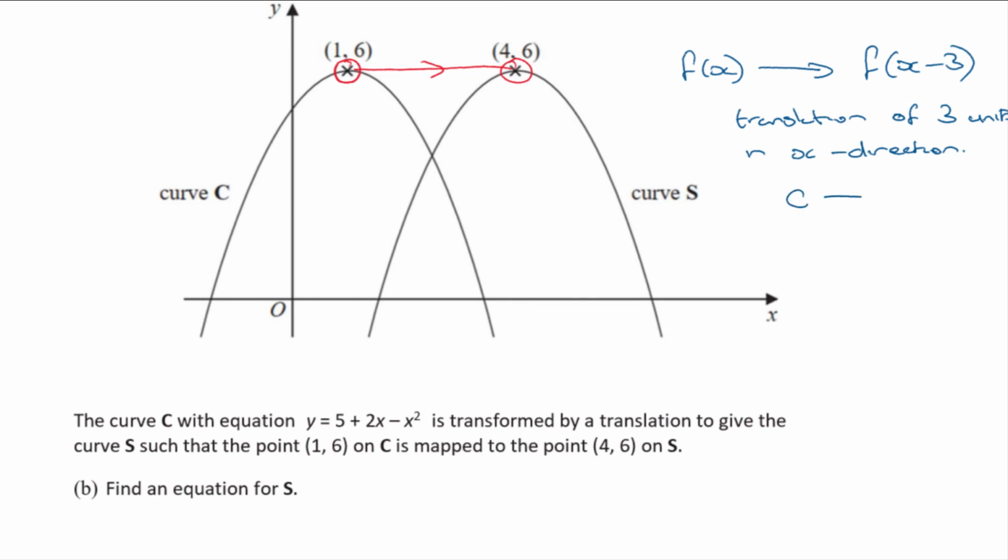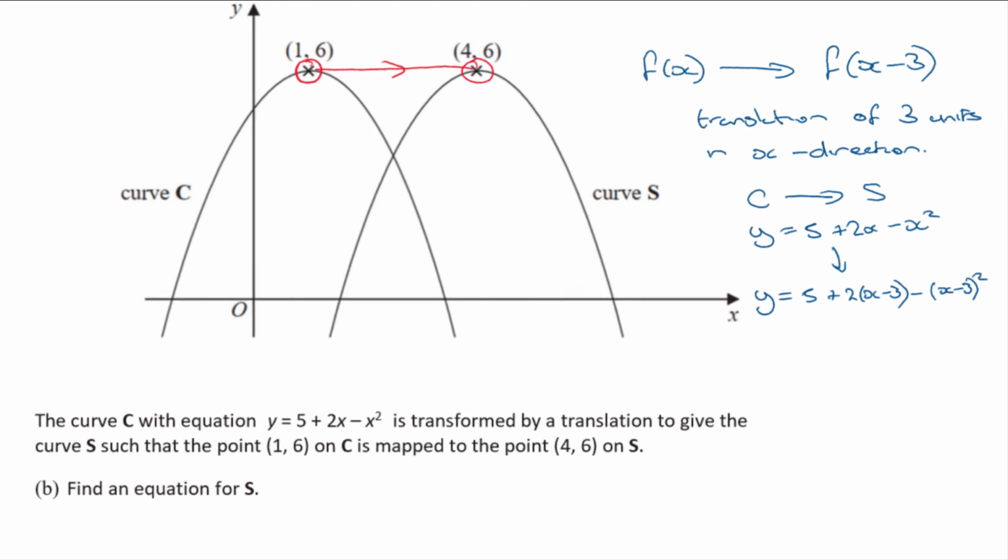So my equation for C going to S then, my equation for C was y is equal to 5 plus 2x minus x squared. That is going to go to y is equal to 5 plus, now rather than having x, we're going to have x minus 3, and rather than having x squared, I'm going to get x minus 3 all squared.